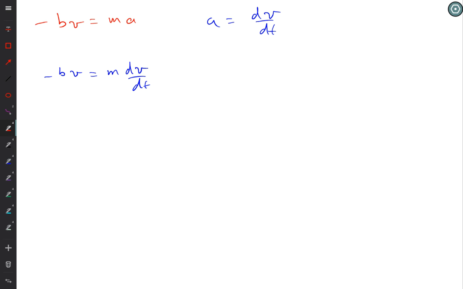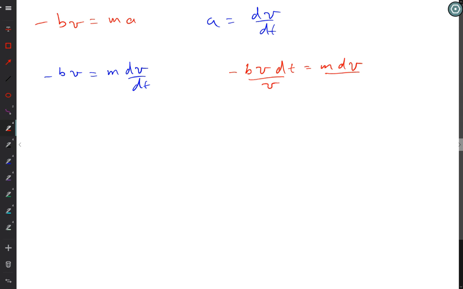What are the two variables? When I separate the variables and integrate, what equation am I going to have? bv dt equals m dv. Need to divide by v. My bad, wrong. It was a step in the right process, but it wasn't the final answer.